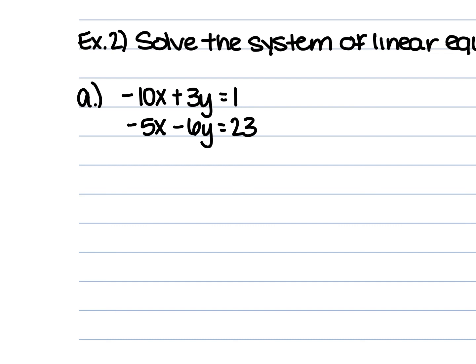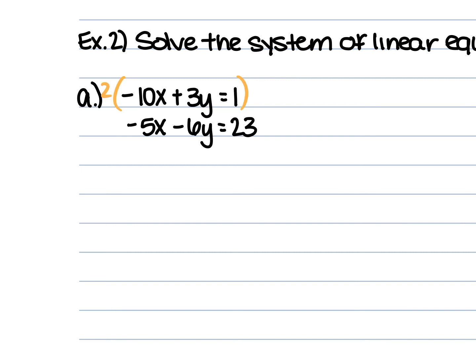I would probably say the y is going to be easier because what do I have to multiply to get my y's to cancel? I could just multiply the first equation by 2. You could multiply the second equation by -2 and then get the x's to cancel. So there's different ways to do this. If you wanted to cancel out the x's first, you could do that, or you could cancel out the y's first.